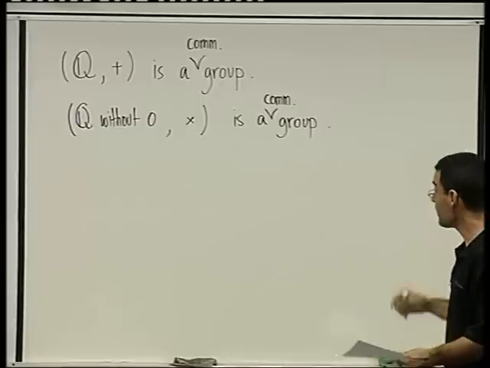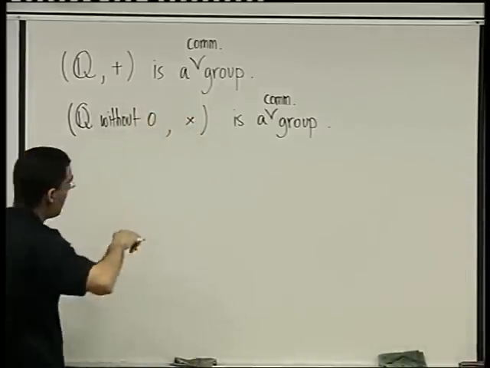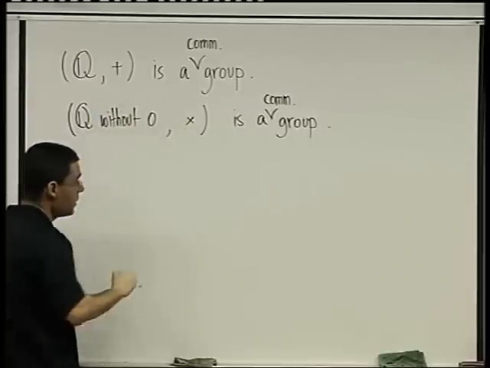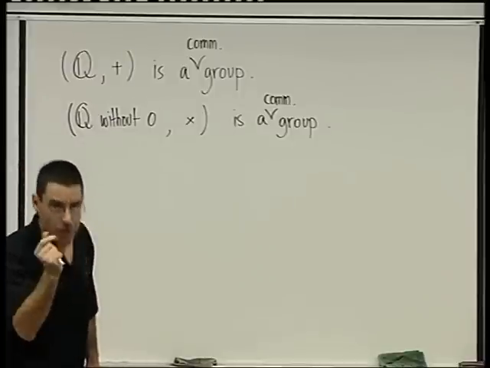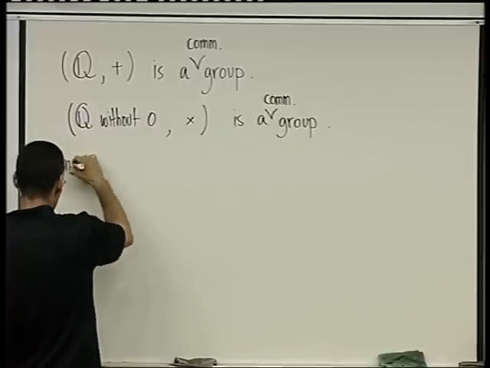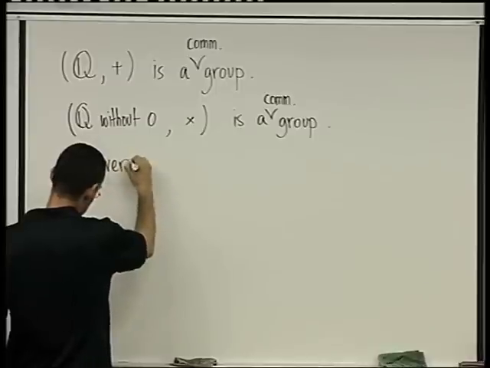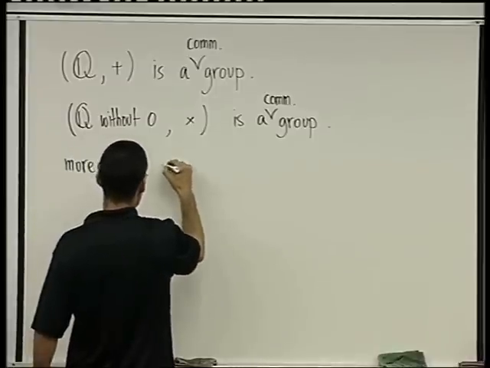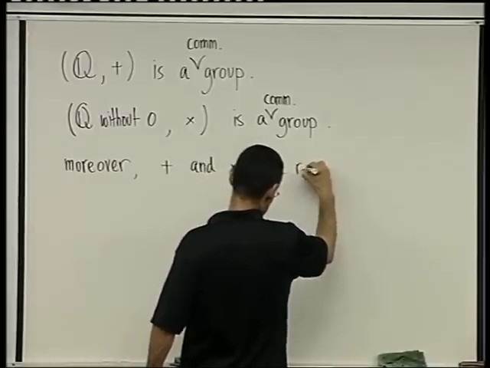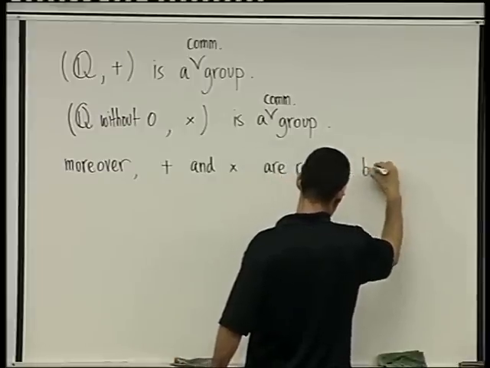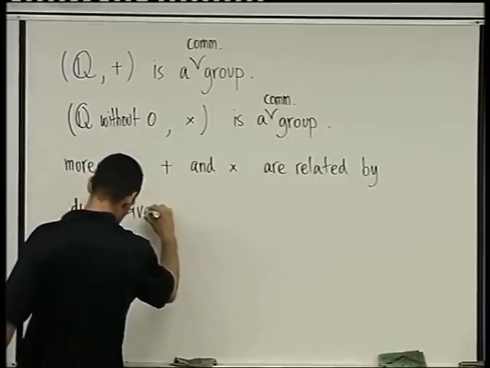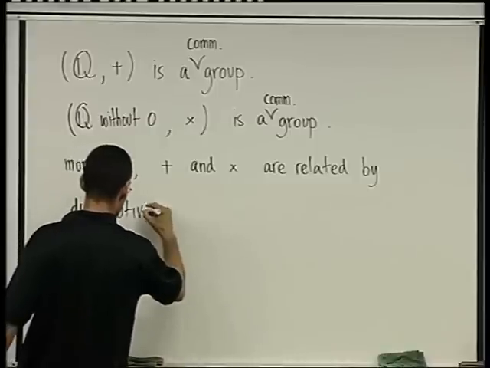And in addition to Q being a group and almost a group with respect to two different operations, there's a connection between these two operations, and that connection is called distributivity, the distributive law. Plus and times are related by distributivity.